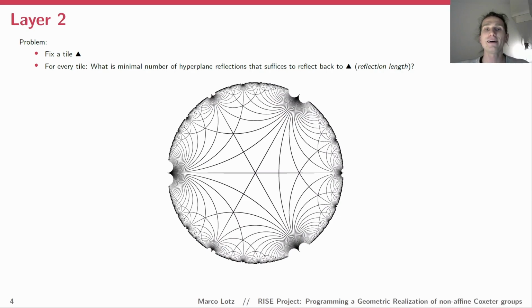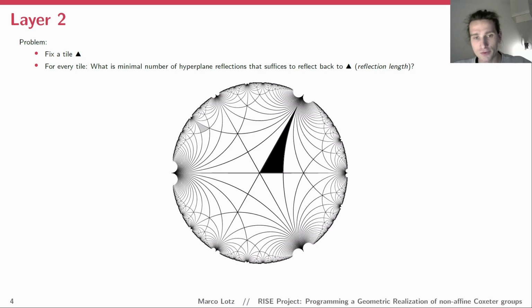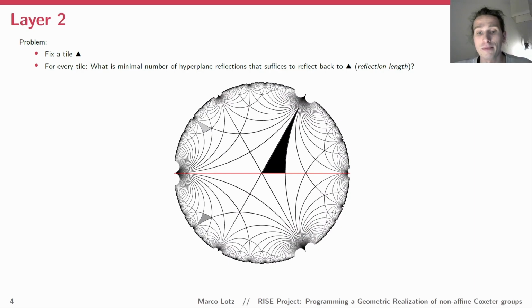Now we come to the second layer. The second layer visualizes the following problem. We fix a tile in black, and then for every other tile we ask ourselves, what is the minimal number of hyperplane reflections to reflect back to the black tile? So now you see a gray tile, and if we reflect on this hyperplane, we get a somewhat darker gray tile.